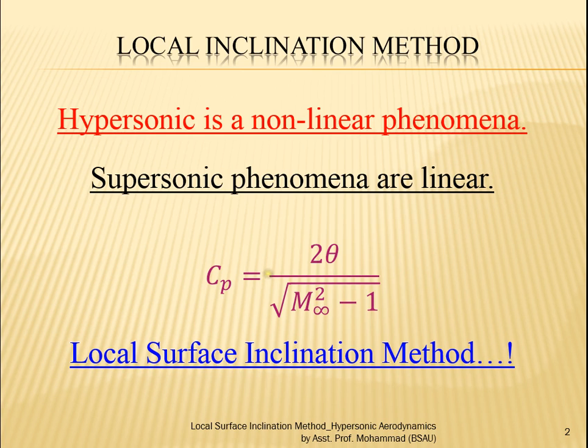If the surface inclination is there, and there is a small deflection in the flow, that deflection alone gives the idea of the surface pressure distribution and the coefficient of pressure. There are some theories and some methods which are employed to do this kind of inclination method analysis in the case of hypersonic flow, and in this section we are just going to discuss a few of them.